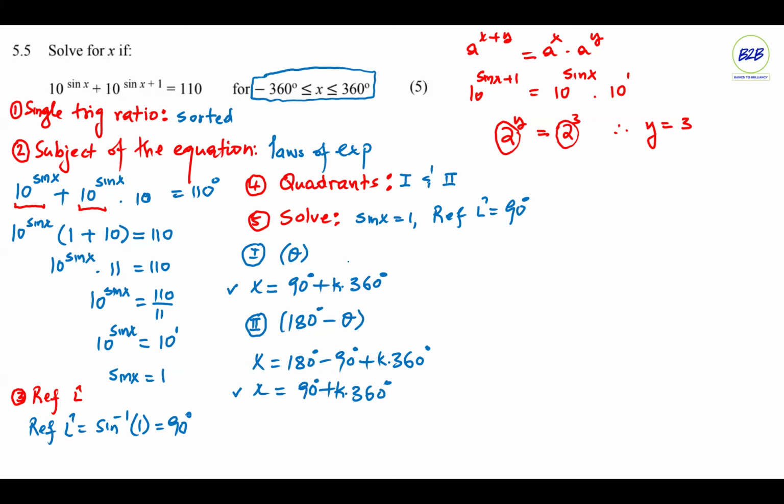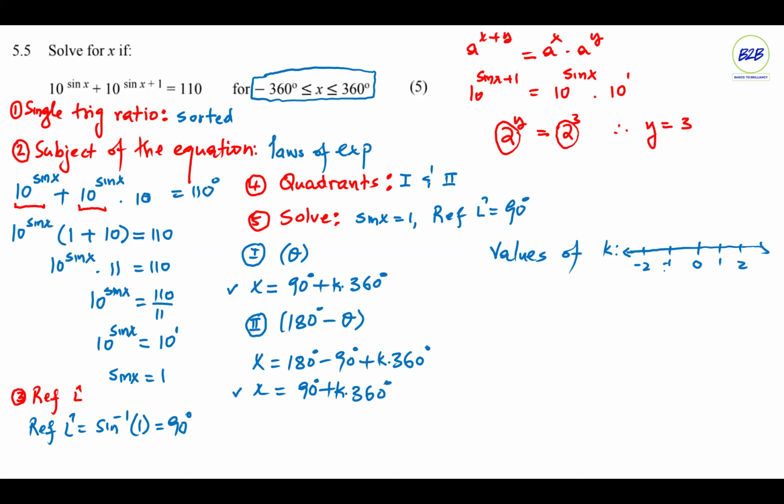So this question is very similar to the question whereby we had to then look at the values of k. And you know the values of k, which is the integers that exist on a number line. 0, 1, 2, 3, and so on. -1, -2, -3, and so on.